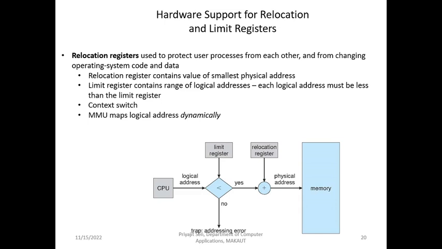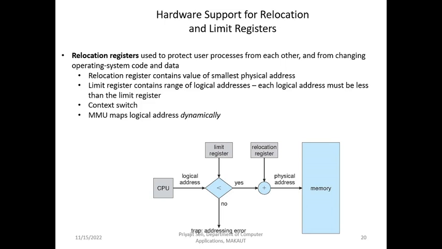That means if you have multiple user processes present in the same memory, suppose there are multiple partitions, and in those partitions you have stored multiple user processes. Now, their security is important here.